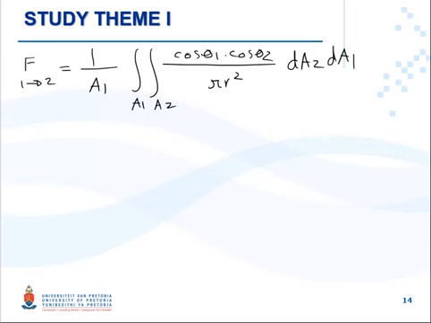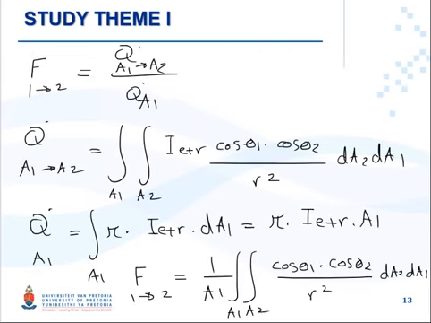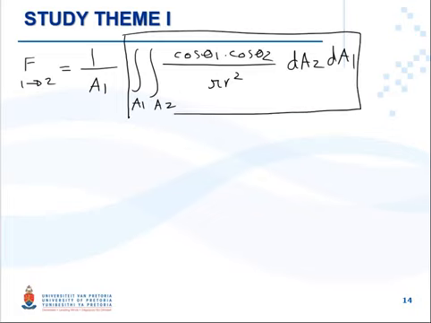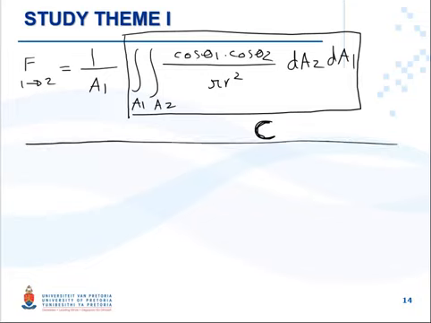I think previously I forgot to write the pi here. Pi r². So we have this. Let's assume that this double integral is C. Just keep it. Now we have calculated F12.